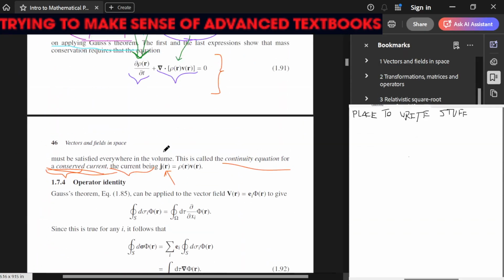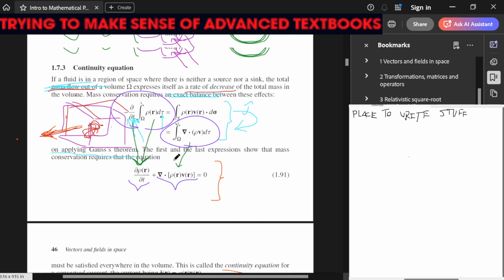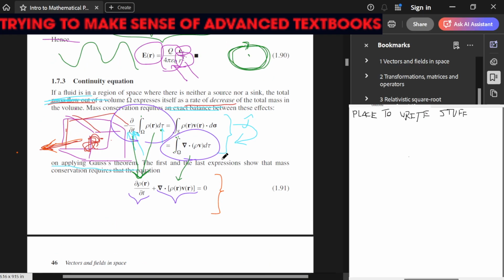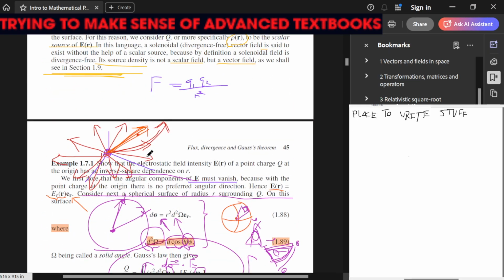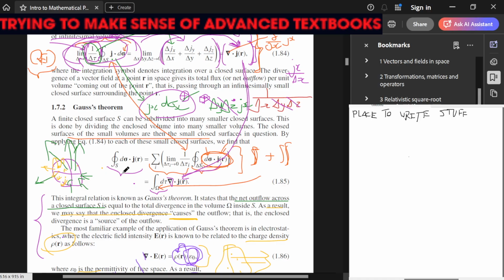Conserved current, JR. Okay. Gauss's theorem. Where's Gauss's theorem? Where are you? It says you can change this into a volume integral. You can interchange between these two. It states that the net outflow is equal to, so it should be interchangeable.